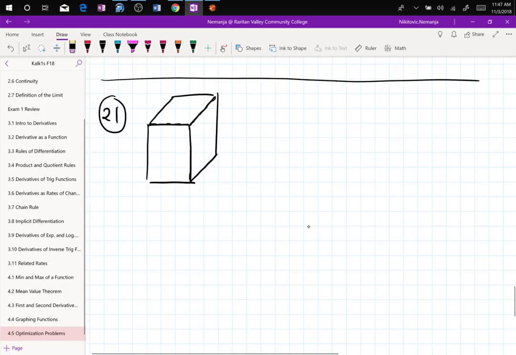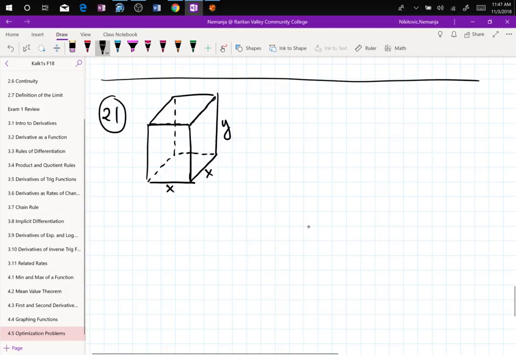And then make these guys dashed. Okay, so now it says x and x. It's a square base. That's already constrained, guys. It's a square base, and it's going to have a different height, so we'll call that y.